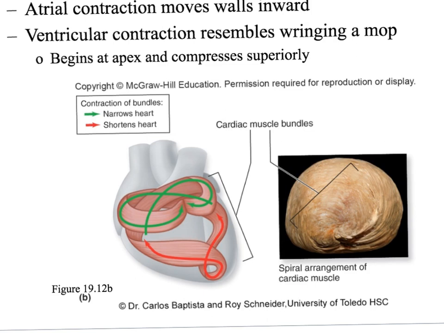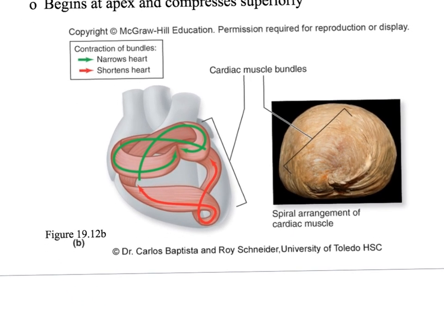So it's basically squeezing from the outside, but it's also arranged in a certain way that it squeezes what's inside the ventricles out in a certain direction. Contraction is going to start at the apex of the heart, down here, and it's going to cause the ventricles to squeeze from the apex towards the base.